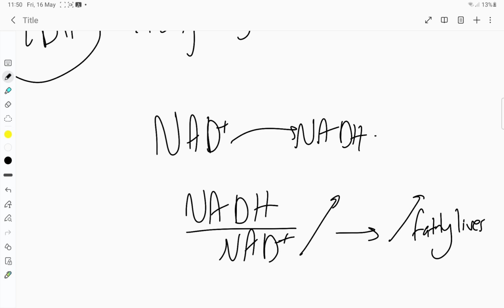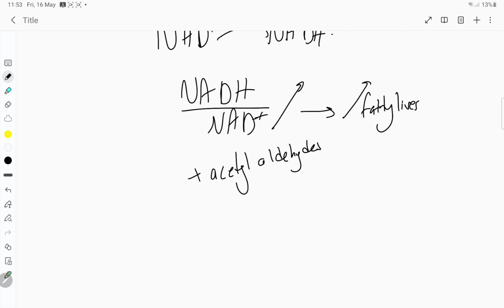In addition, acetaldehyde also promotes production of enzymes involved in fatty acid synthesis and inhibits expression of enzymes implicated in fat oxidation. So an increased NADH/NAD plus ratio together with acetaldehyde promotes fatty liver and inhibits the oxidation of fatty acids.